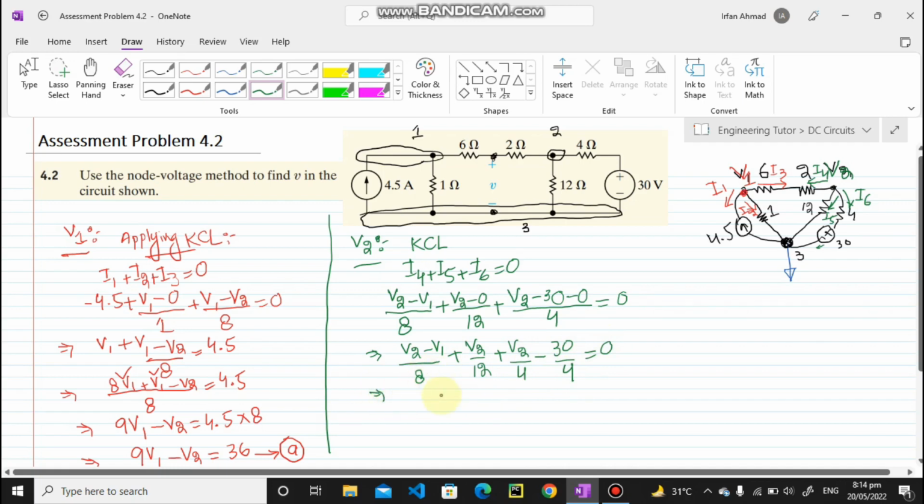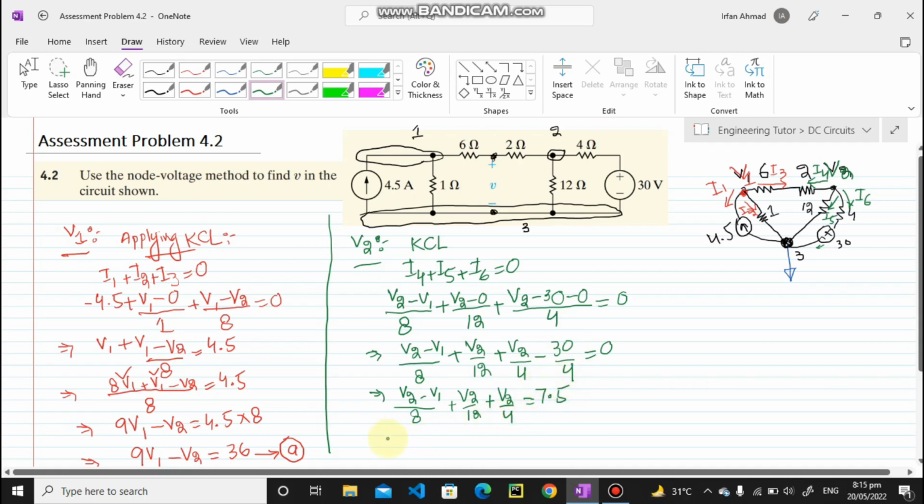Simplifying it, (V2 minus V1) divided by 8 plus V2 divided by 12 plus V2 divided by 4 minus 7.5 equals 0. Moving it to the other side, we will get 7.5.